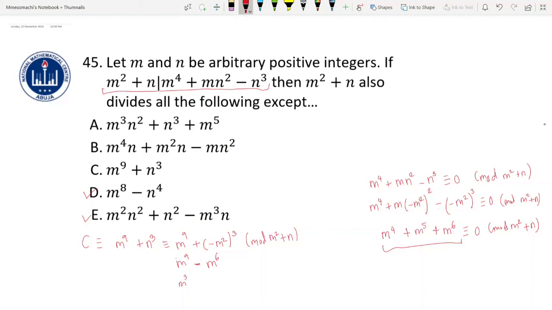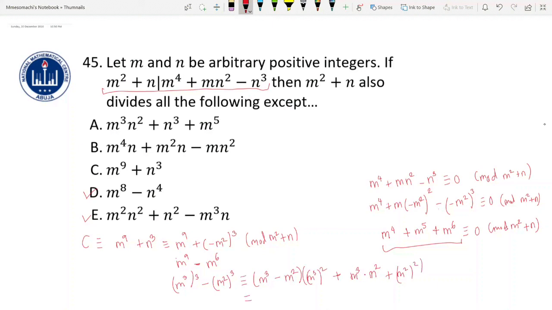So this is m cubed minus m squared cubed, which is equal to m cubed minus m squared into, so I have m cubed squared plus m cubed times m squared, and plus m squared squared.